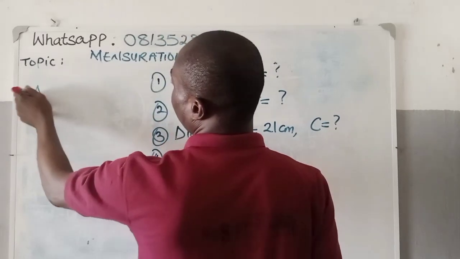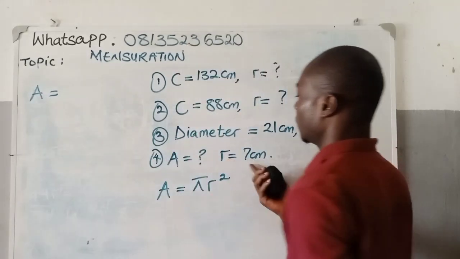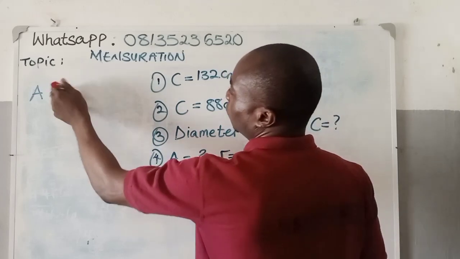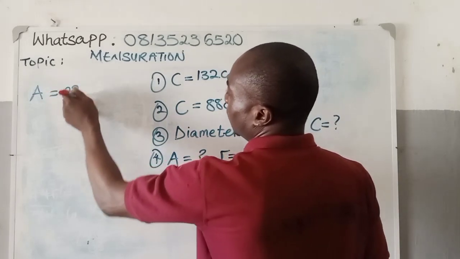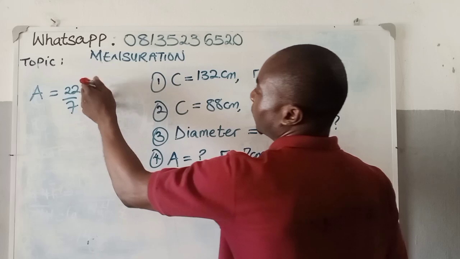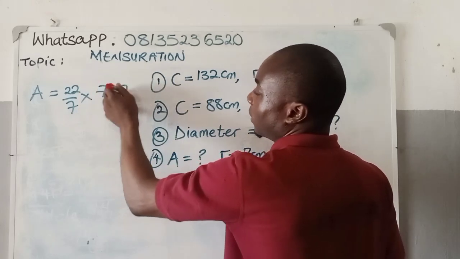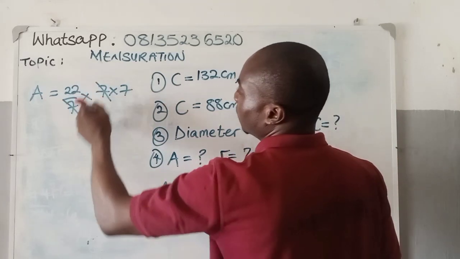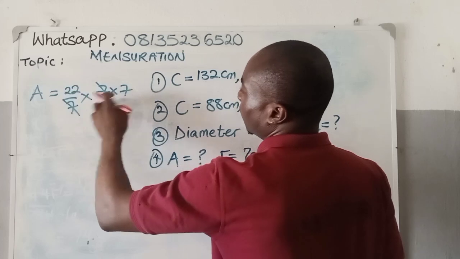our area is equal to, write down our pi. First of all, our pi is 22 over 7. Then we'll multiply by the radius. The radius is given as 7 centimeters. So that is, we'll have 7 times 7. 7 square means 7 times 7. So 7 cancels 7. All right, so we're left with 22 times 7.